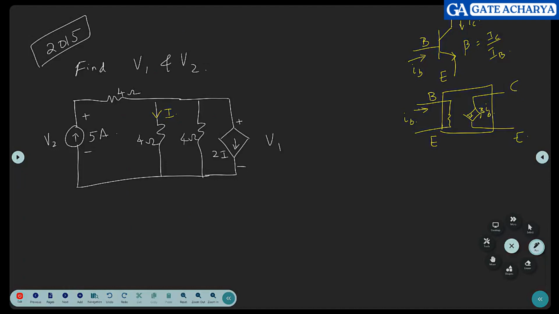So how about this? You'll have to write a KCL at this node. See if you can write it. Go ahead.